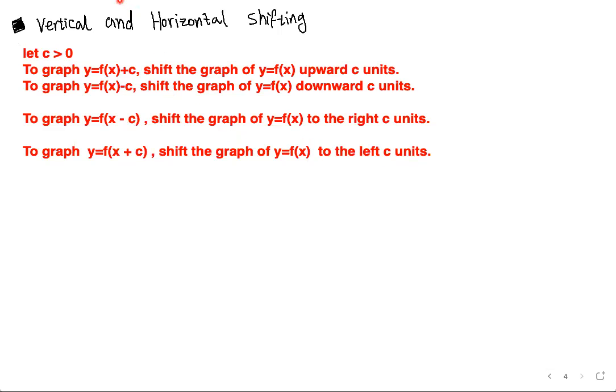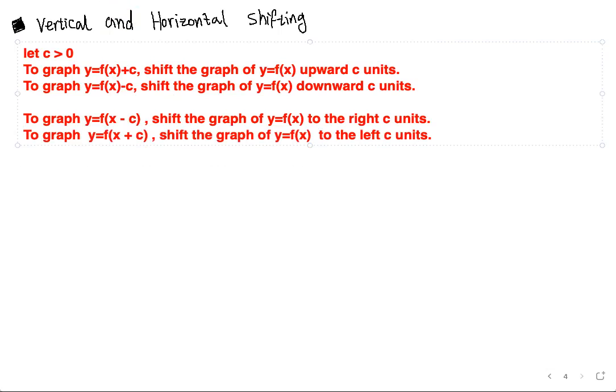Make sense? Any questions so far for the properties? Is it clear what I said? Yes, I'm going to give you an example. So before I give you an example, this is vertical shifting.